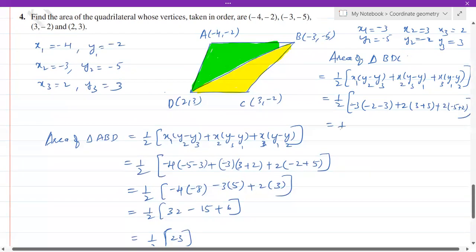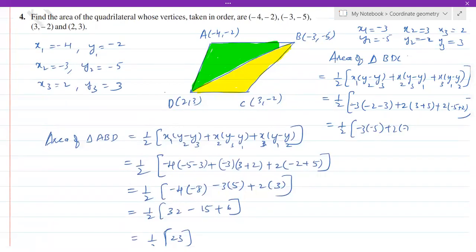Okay, so half minus 3 into 5 plus 2 into 7 plus 2 into minus 3. It becomes half minus 15 plus 14 minus 6. Okay, half minus 15 plus 14 is minus 1. Minus 1 minus 6 is minus 7. I'm sorry, minus 7 by 2.